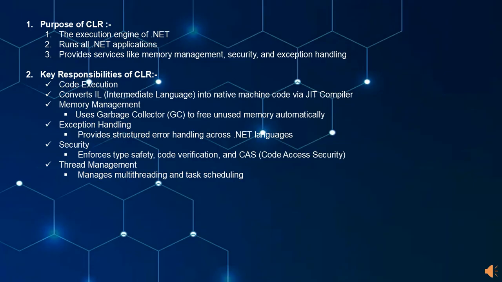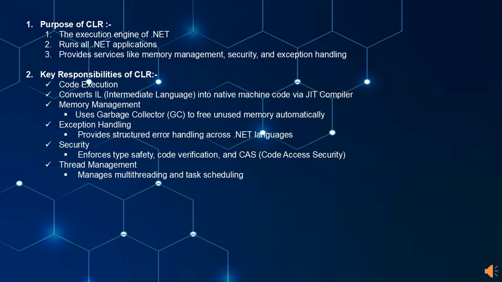Key responsibilities of CLR. 1. Code execution. 2. Converts IL, intermediate language, into native machine code via JIT compiler. 3. Memory management by using garbage collector, GC, to free unused memory automatically. 4.